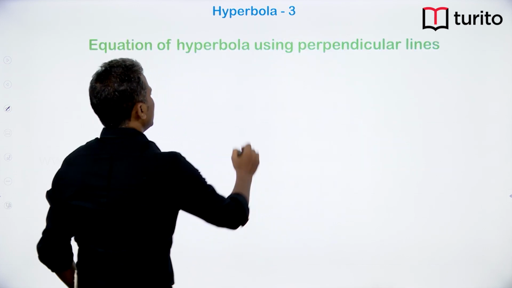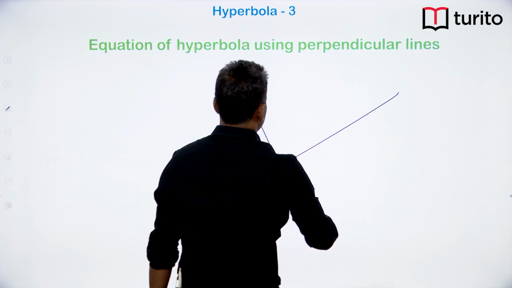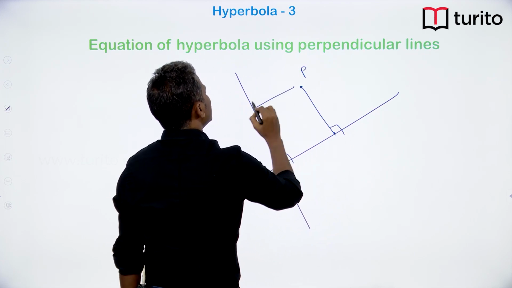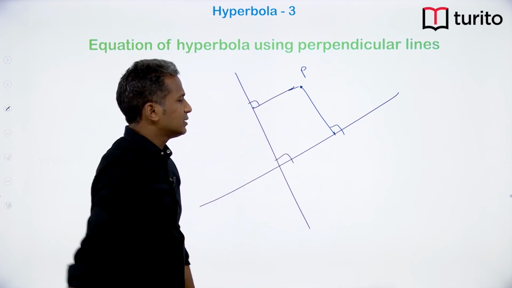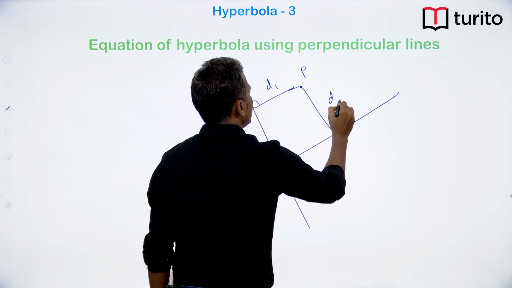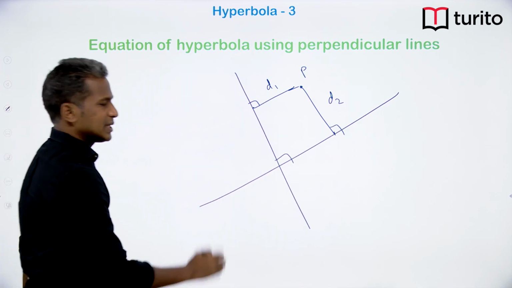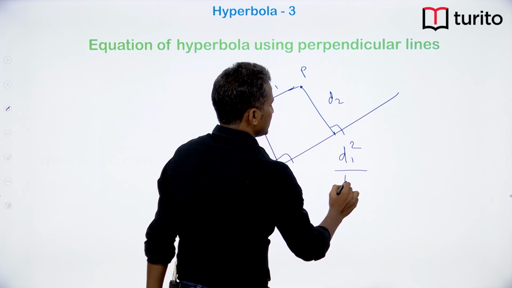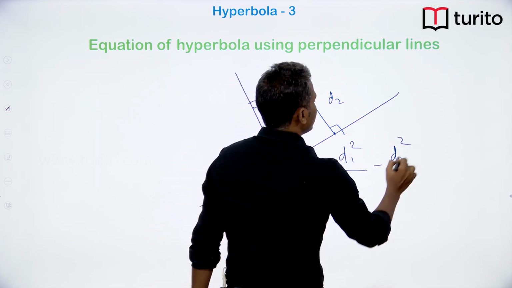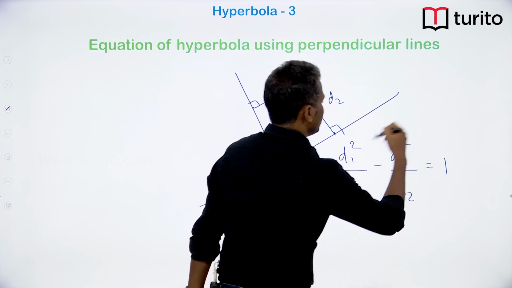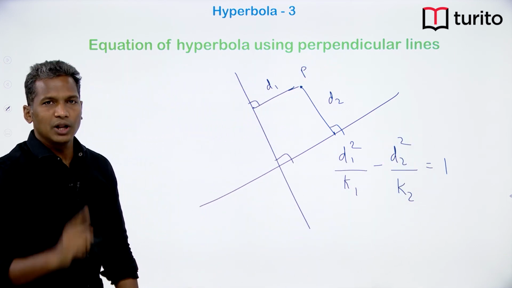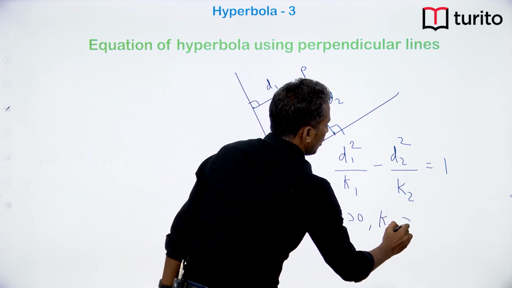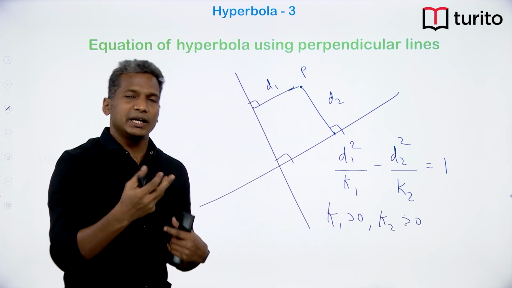So, if there are two perpendicular lines and a point P whose distances from them are d1 and d2, the same logic is valid: d1 square by some k1 minus d2 square by constant k2 equal to 1 always gives us a hyperbola, provided k1 and k2 are positive numbers, or both can also be negative numbers.